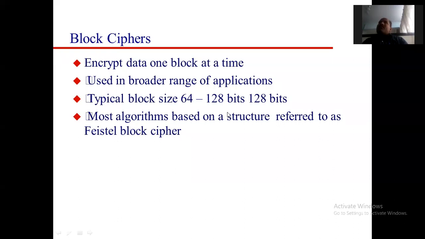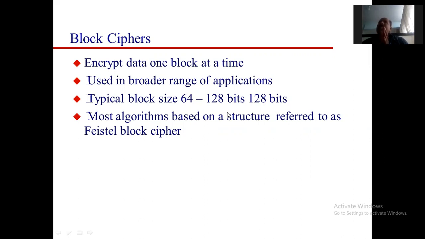So what do we do in the block cipher? At a time, multiple letters are encrypted, and multiple cipher text letters are decrypted. That is called block ciphers. Here we make blocks of the plain text.